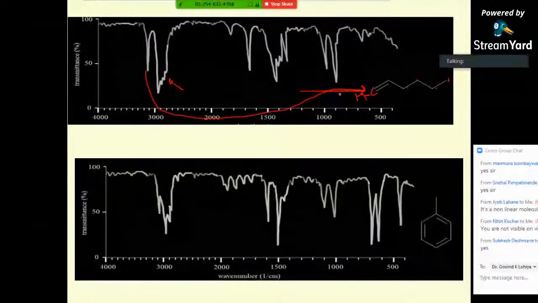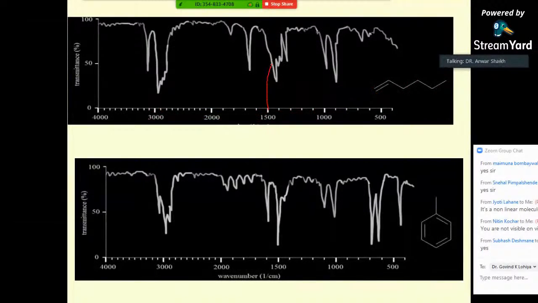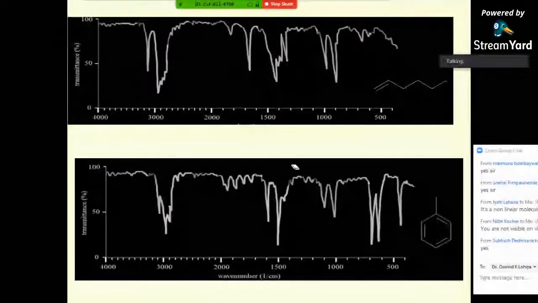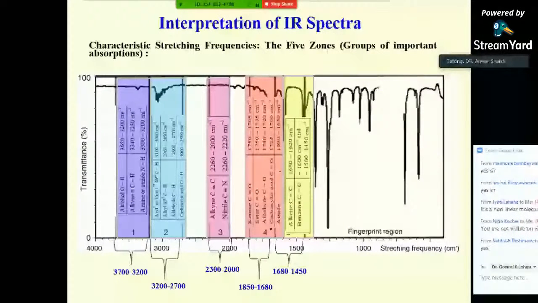Okay, and if you draw a line at 1500 and go to the extreme left, say for example 1600 and 1700, a peak is appearing between 1600 and 1700 somewhere here. And if you see our fourth region, what I told you, it is the double bond region.